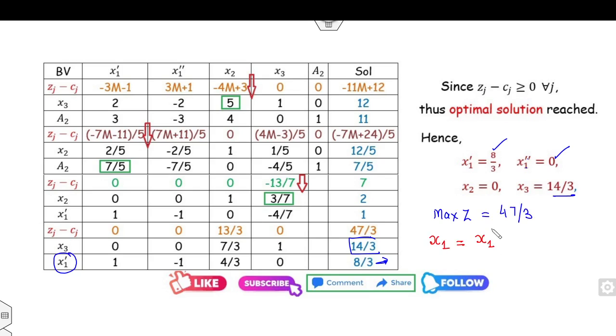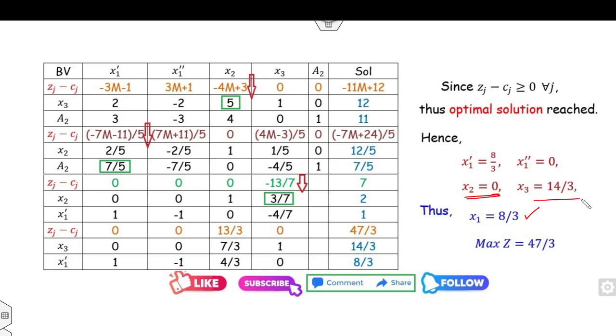What initial assumption have you taken? X1 is, so you can substitute the value. X1 is 8 by 3, x1 double dash is 0. That number is 8 over 3. So your answer is x1 is 8 over 3, x2 is 0, x3 is my 14 by 3, maximization of z is 47 divided by 3.